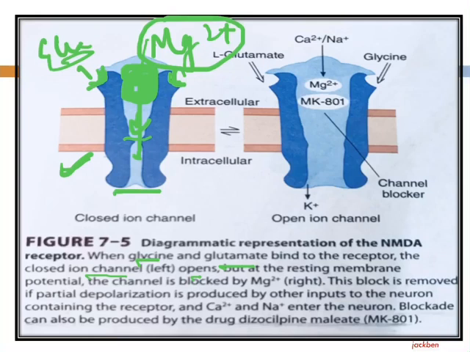Okay. So, this channel is blocked by magnesium at the resting membrane potential. This block is removed if partial depolarization is produced by other input, right.